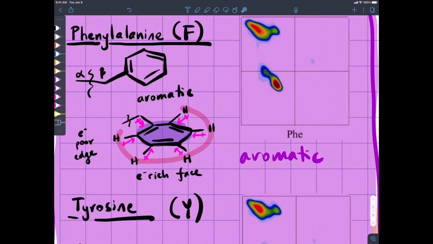Or imagine a cation of some sort, perhaps sodium or potassium, hovering over the electron-rich face of a benzene ring. That's called a cation-pi interaction. And it's an attraction between the cation and the electron-rich face, and that's found all over proteins and is important, for example, in the acetylcholine receptor and neurotransmission.